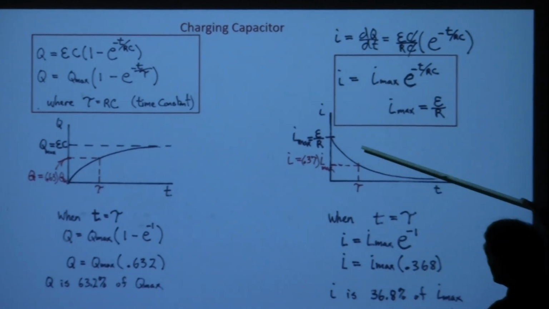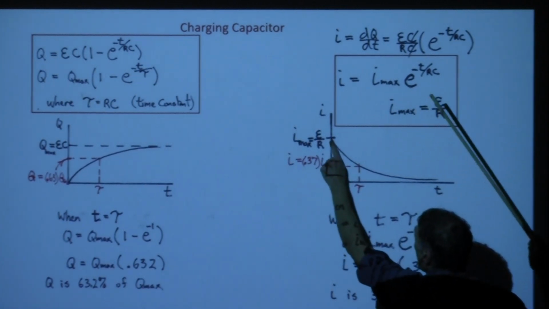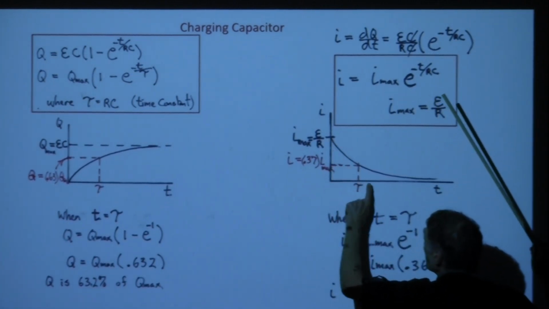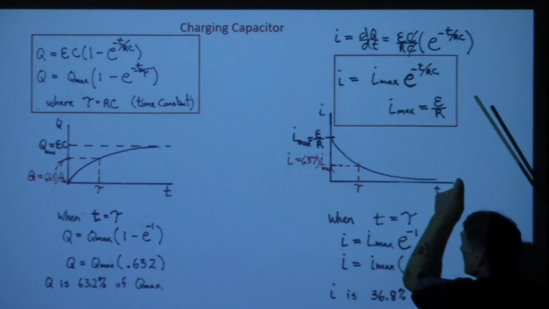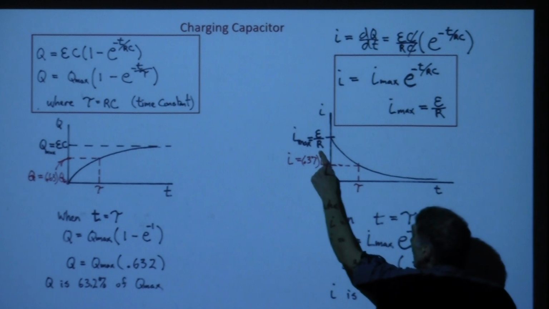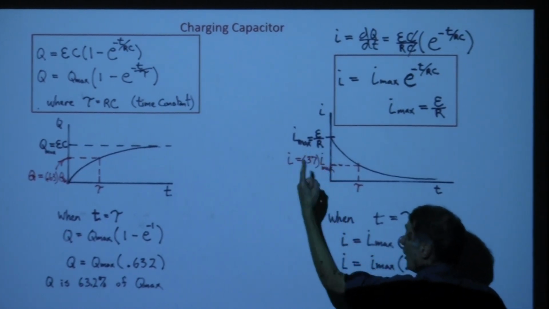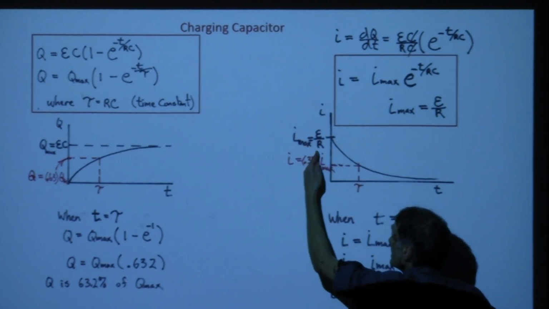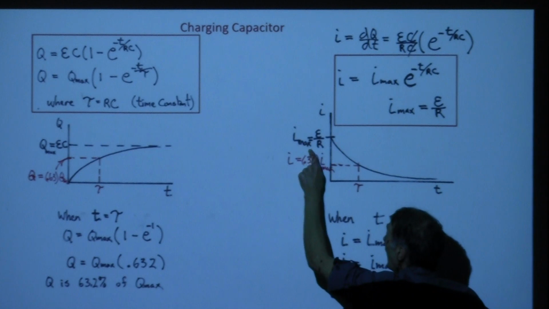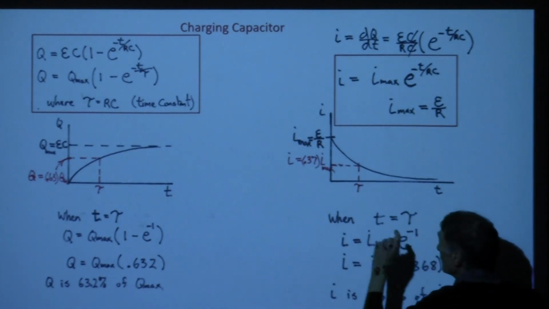Now, what happens is when we first throw that switch, that current is at its maximum value. As the capacitor charges, that current slows and gets to be less and less. It starts off as though this capacitor acts like a wire, in that we just have the battery and the resistor. We would have a current. That would be I max for just a battery and a resistor.